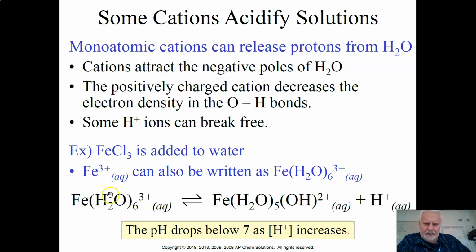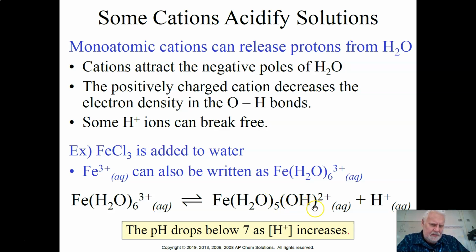So here's your complex ion right here, and what will happen to it is one of those 6 water molecules you see here breaks out and becomes an OH minus. That's what we talked about can happen up here through those steps.